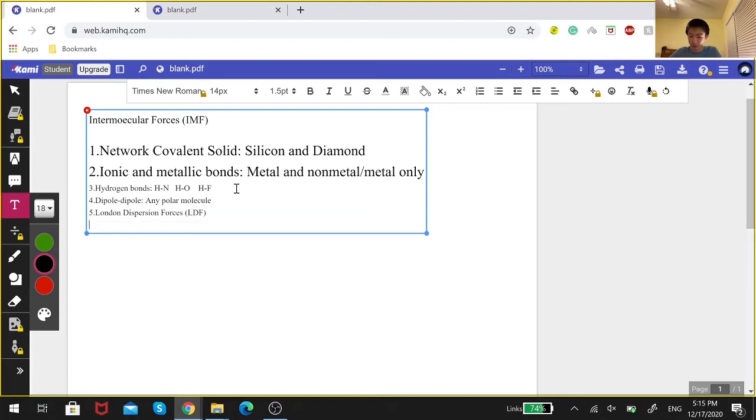All elements have some LDF. London dispersion forces exist in every single atom and element.